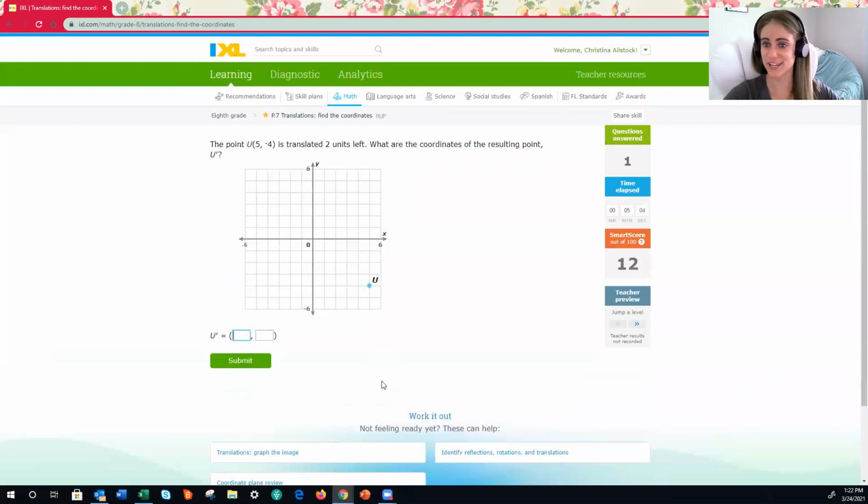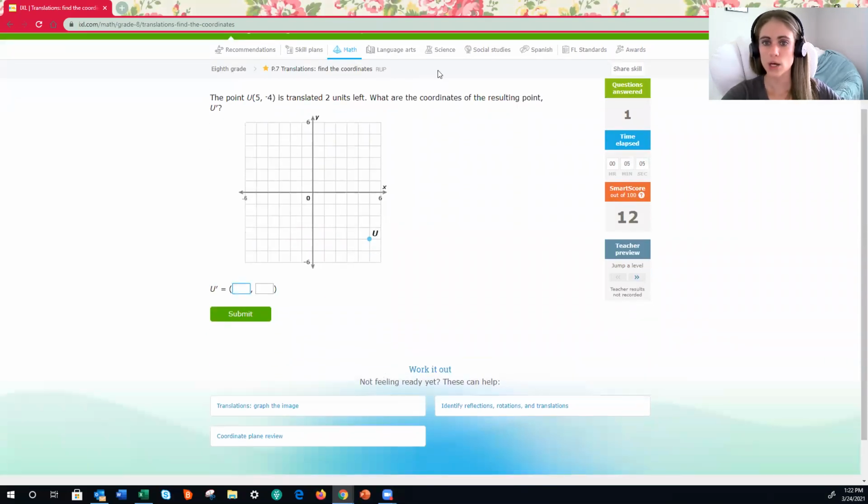All right, here we have another one. Point U, which is located right here in blue at 5, -4, is translated 2 units to the left, which means it's just going to slide over 2 spots to the left. So it starts off right here. We're going to go over 1, 2 spots to the left.